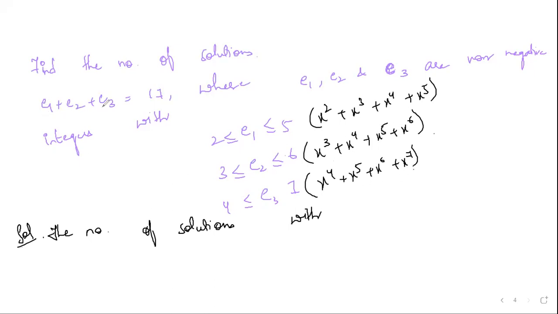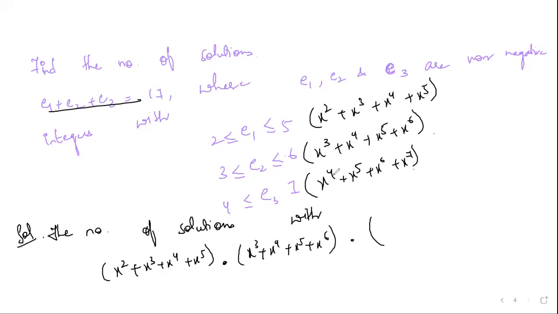Now, instead of adding these, we multiply them. So I'll write this in the form of generating functions as (x square plus x cube plus x power 4 plus x power 5) into the next, e2, which is (x cube plus x power 4 plus x power 5 plus x power 6), into (x power 4 plus x power 5 plus x power 6 plus x power 7).